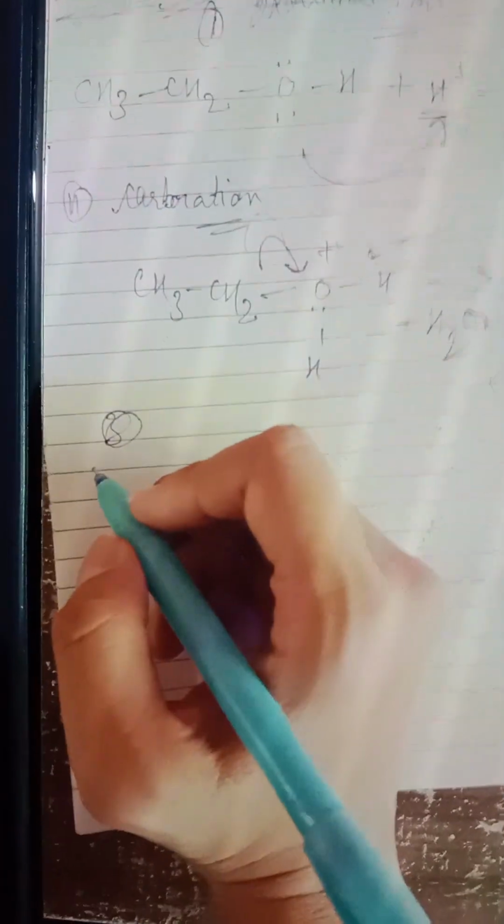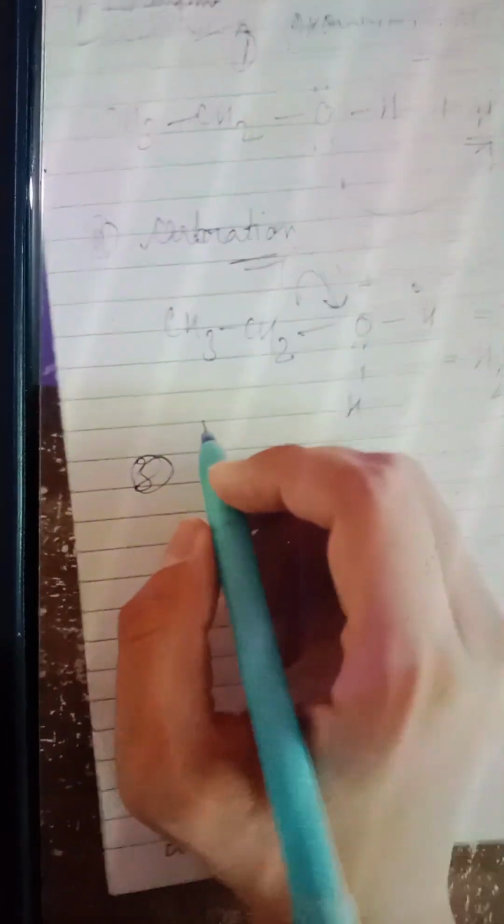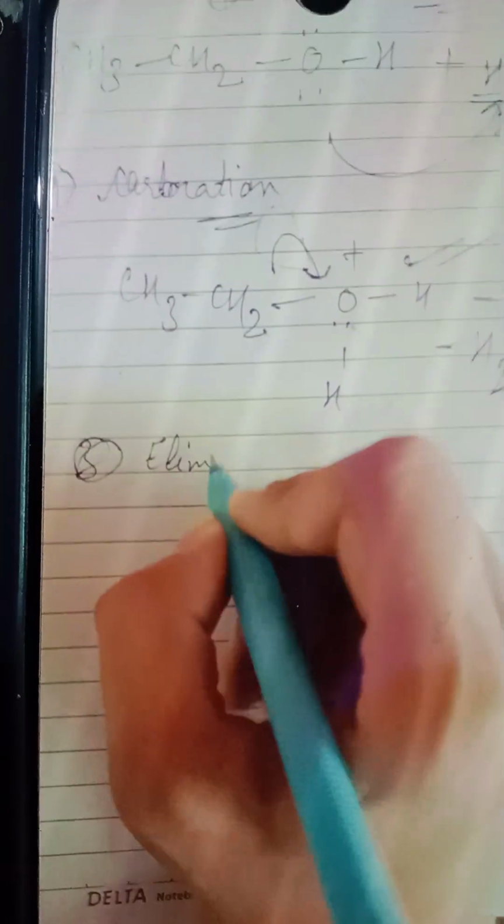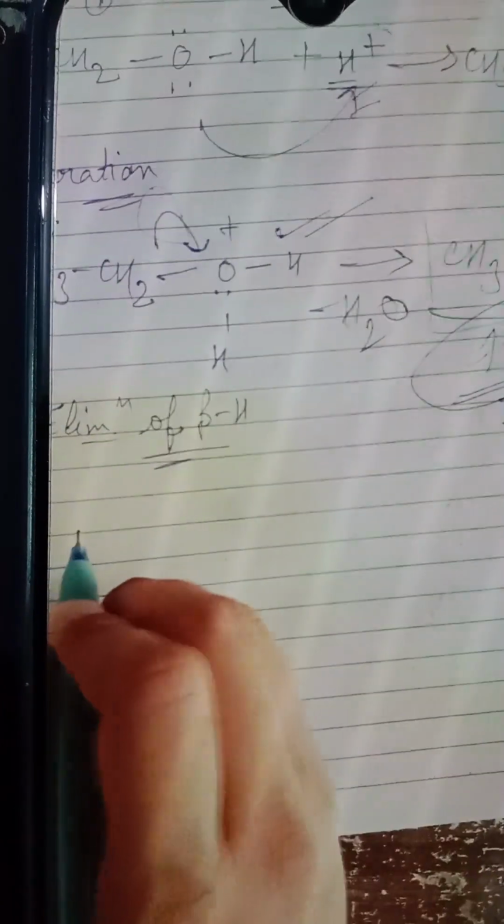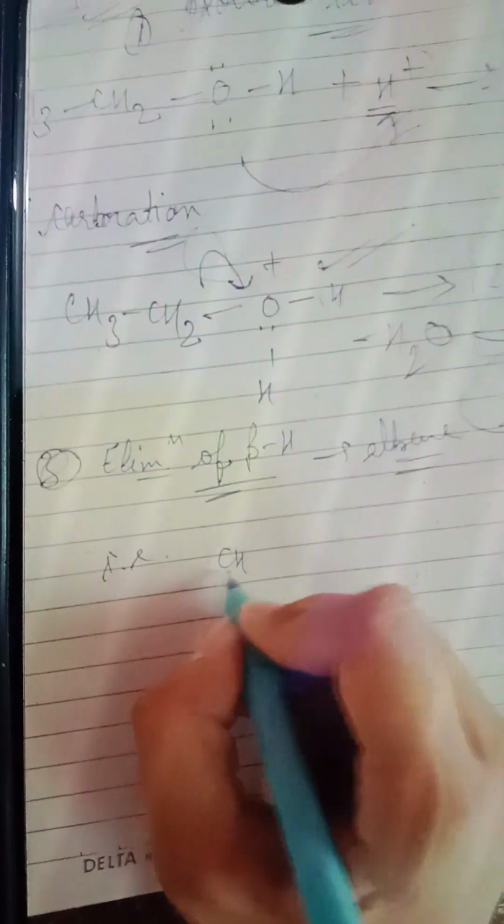So the third step is elimination of beta hydrogen to form alkene, that is CH2.